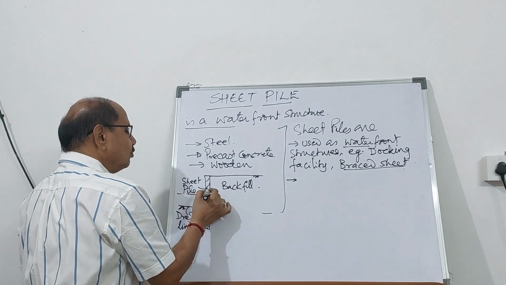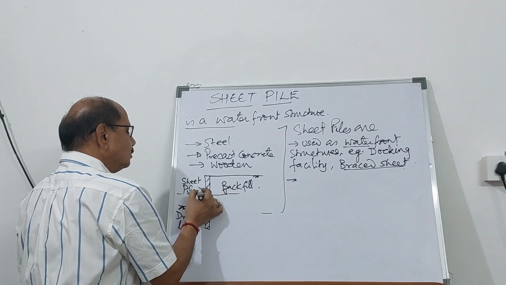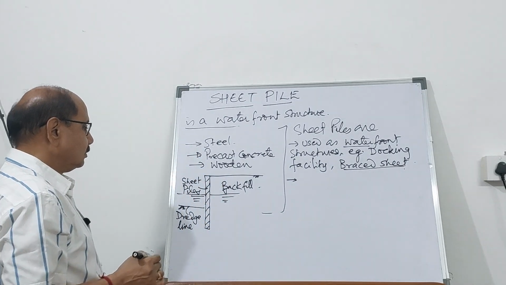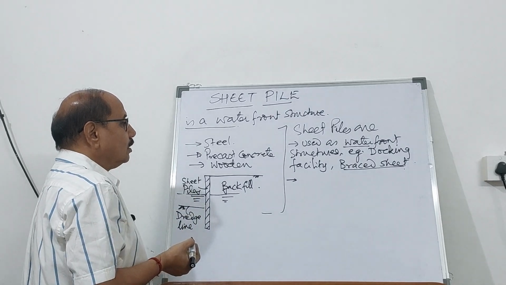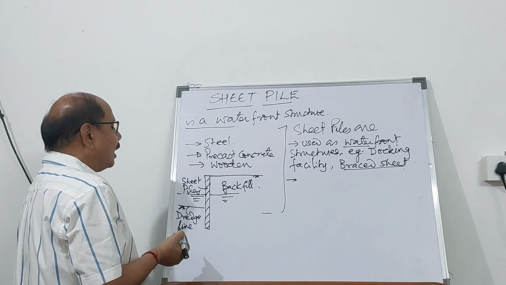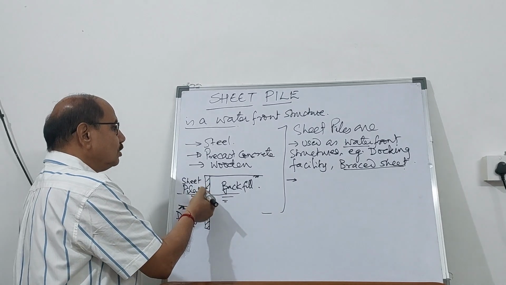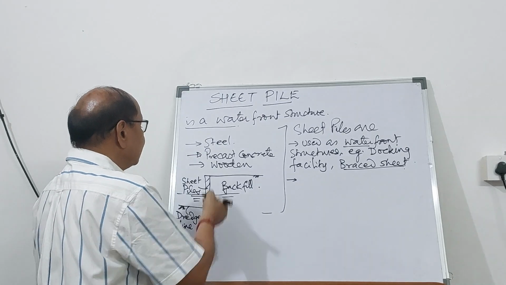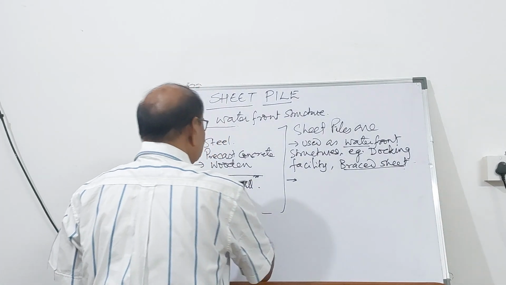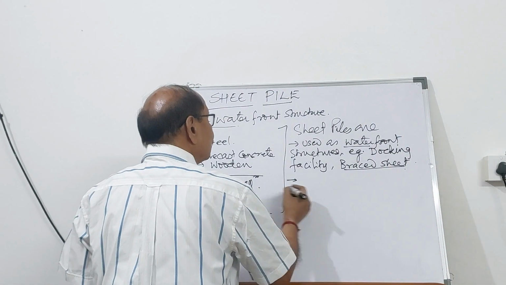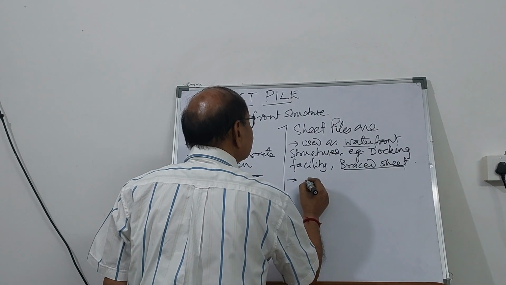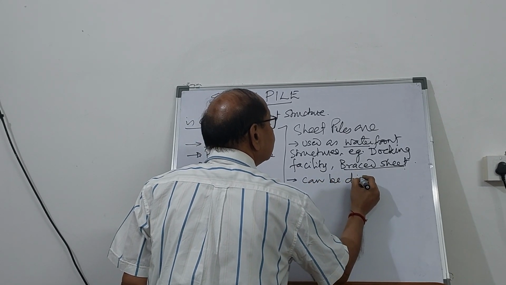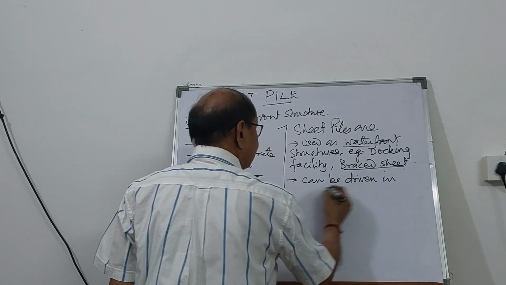So the water table is going to be like this, and these are going to be thinner elements, so they can be driven directly into the ground, and the driving stresses are going to be so high that it can even be driven in a stiff soil also.